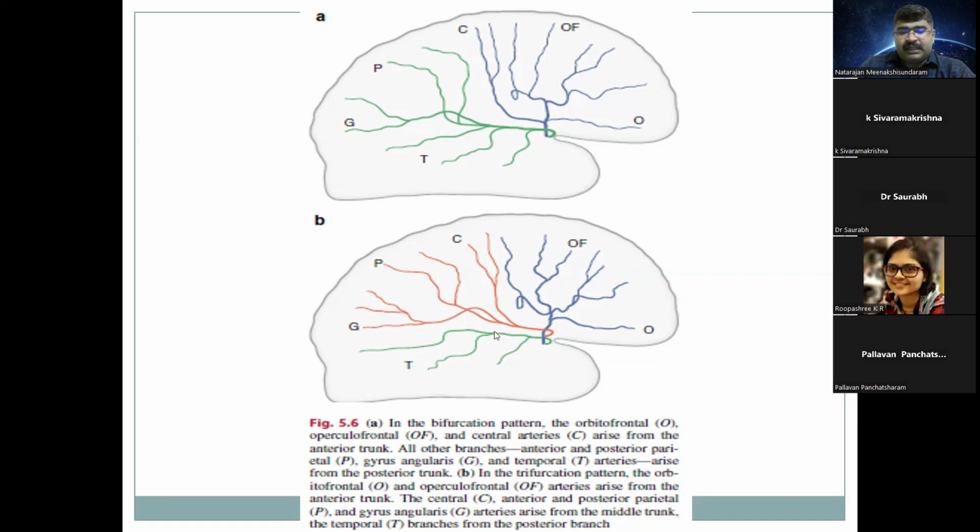The middle segment gives origin to the parietal and central arteries and the gyrus angularis. The posterior trunk gives the temporal branches. So this is roughly how the bifurcation and trifurcation of the MCA give branches to supply the lateral convexity of the cerebral hemisphere.